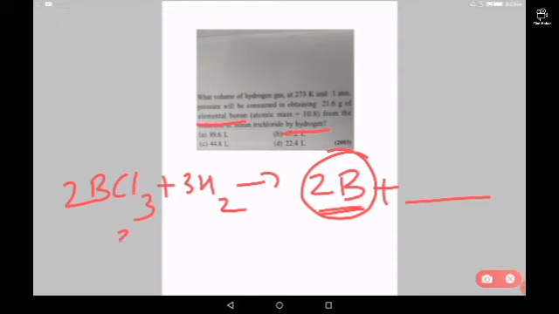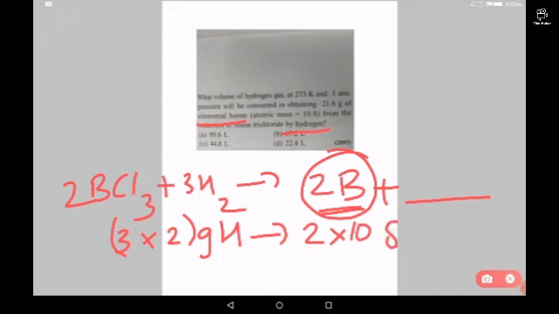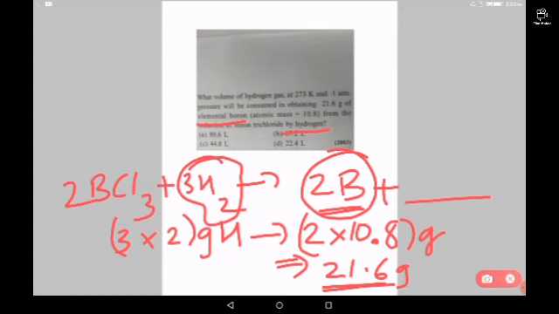For 3 hydrogen molecules, or 3 into 2 gram of hydrogen, it will give you 2 into boron mass, given as 10.8 gram of boron. What is 2 into 10.8? It is 21.6. So for 21.6 gram of elemental boron to get produced, we need to consume 3 moles of hydrogen. So 3 moles of hydrogen is basically how much liter?